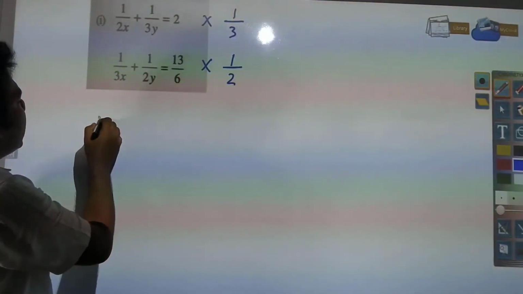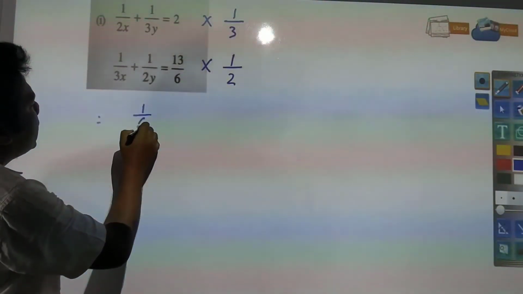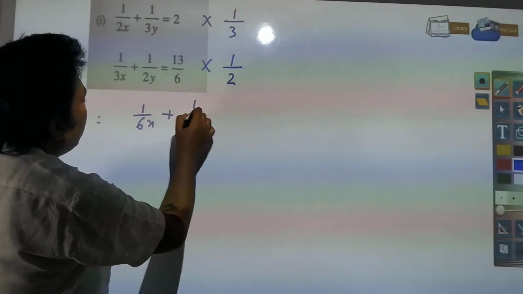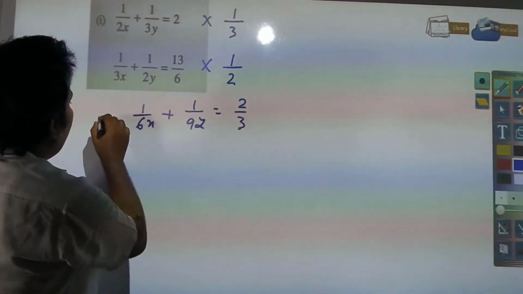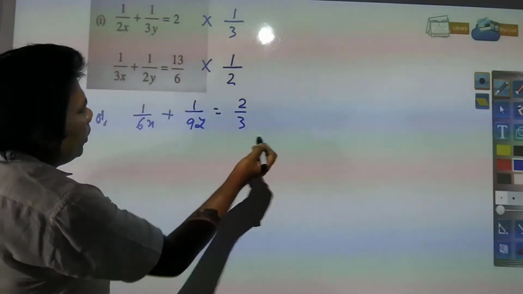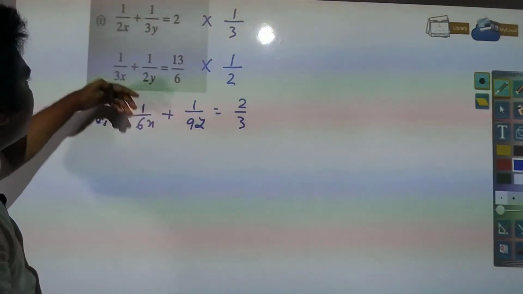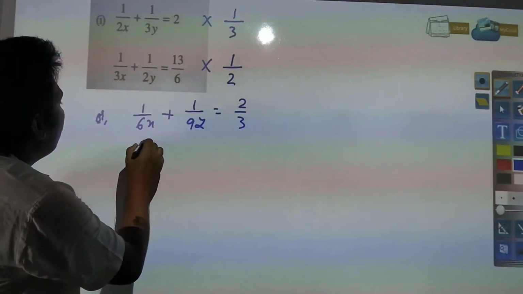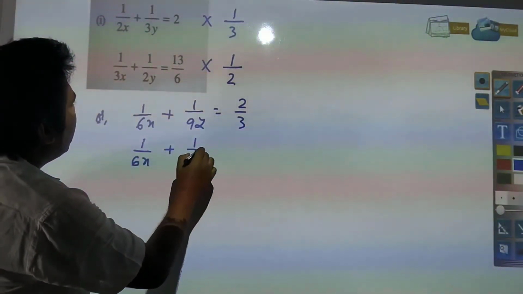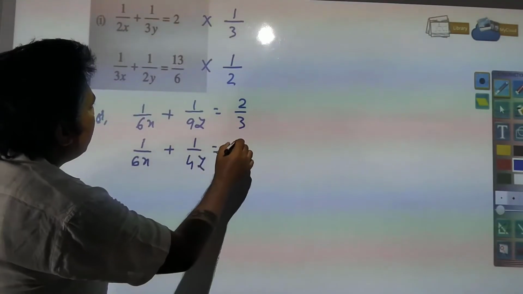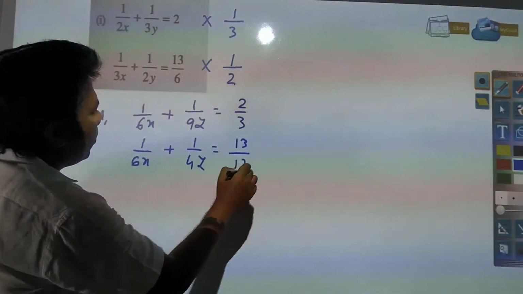So here we will get 1 by 6x plus 1 by 9y is equal to 2 by 3, and this will be your first equation, and the second equation you will have 1 by 6x plus 1 by 4y is equal to 13 by 12.